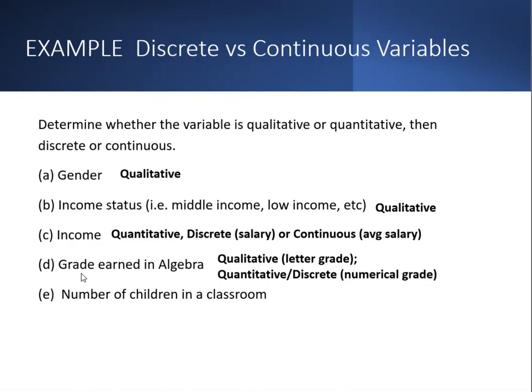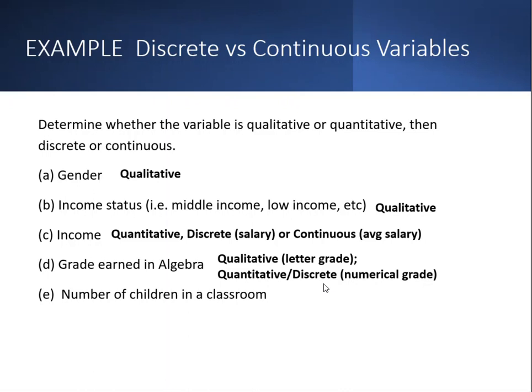So again, depending on how I am defining the word grade, if I want to talk about it as a letter grade, it becomes categorical or qualitative. If I want to talk about it as some sort of numerical grade, we're looking at a quantitative variable because we're measuring it, and it's discrete because we are going from, say, 95 to 96 to 97.